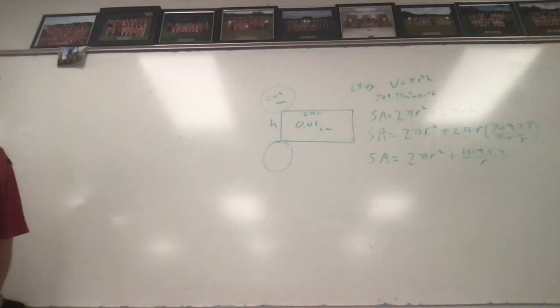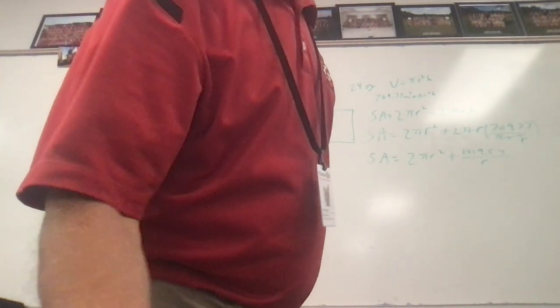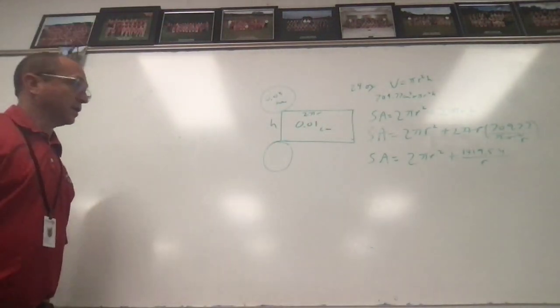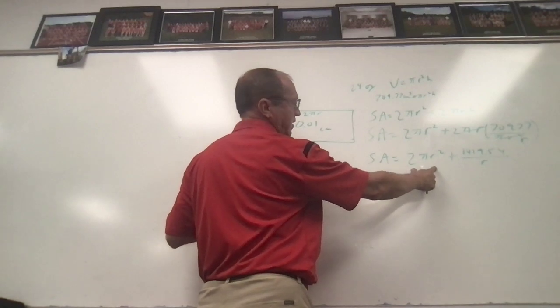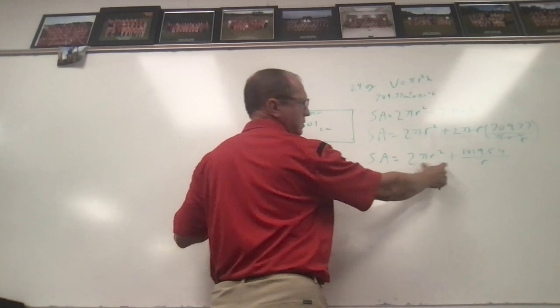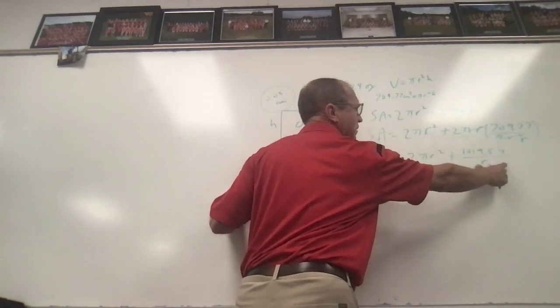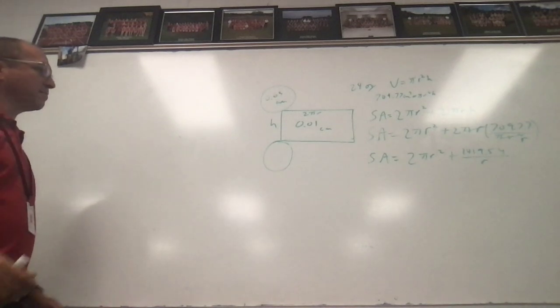But what is it we're trying to optimize here? The cost. The cost, right? And how do you calculate cost from this? Well, it's the cost per square centimeter of the surface area of the top, then times the cost per square centimeter of the surface area of the sides, right?